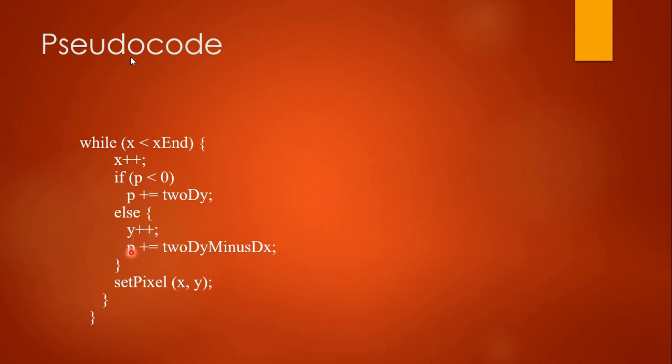Then pk plus 1 is equal to pk plus 2 delta y minus 2 delta x. So that formula, and then you have to plot the pixel x y position on the screen. This continues for delta x minus 1 steps.